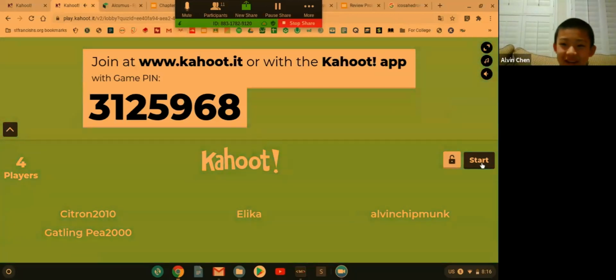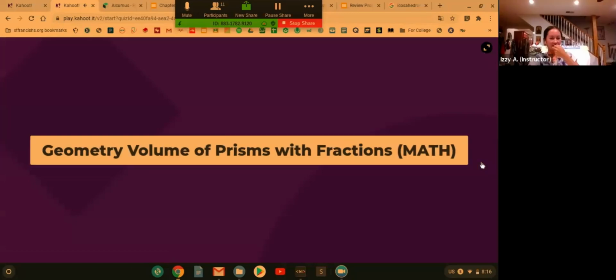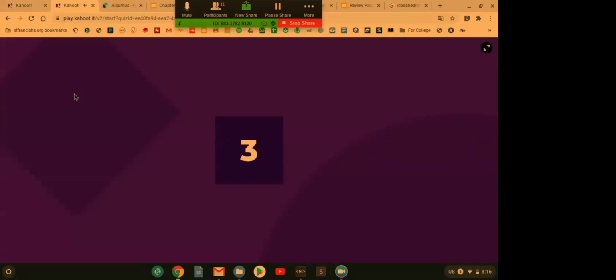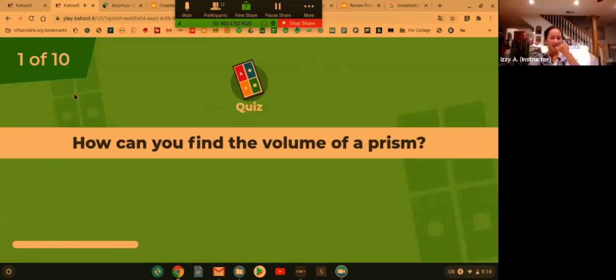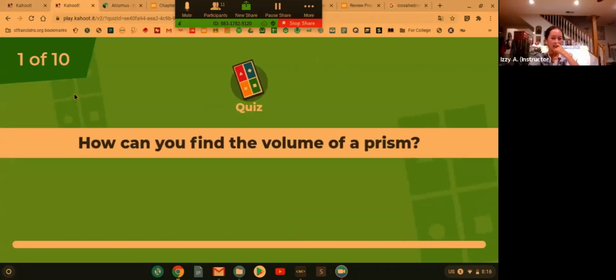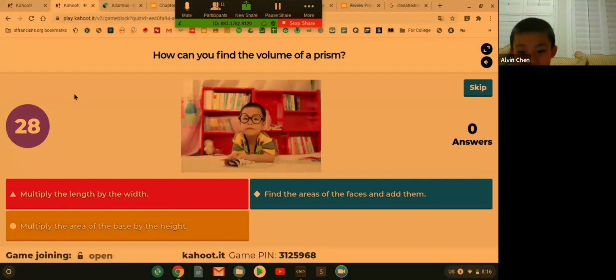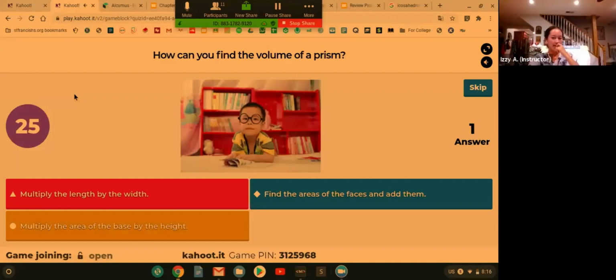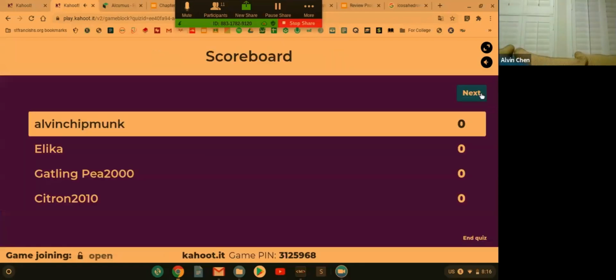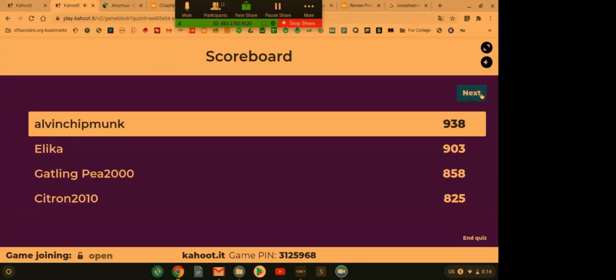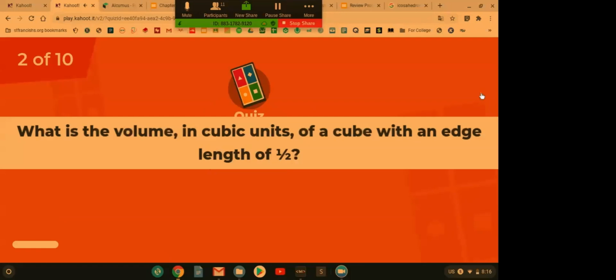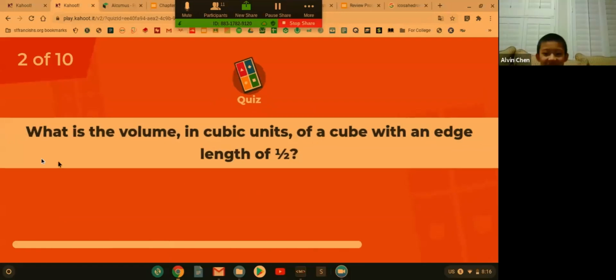Citron is superior to Gatling Pea. No, you are not. Gatling Pea and Citron are the best. Citrons are the best. Nice. Yeah, Gatling Pea 2000 is better than Citron. It's called a citron.